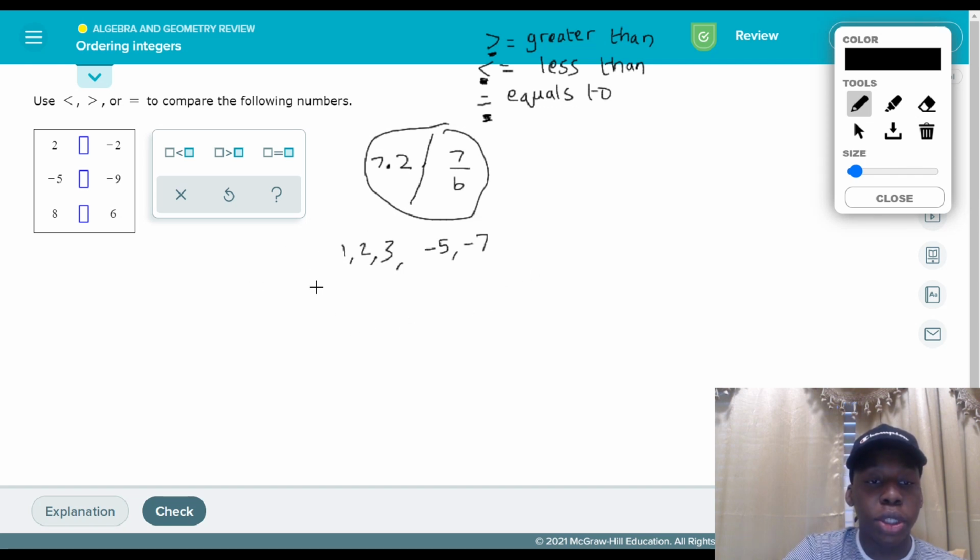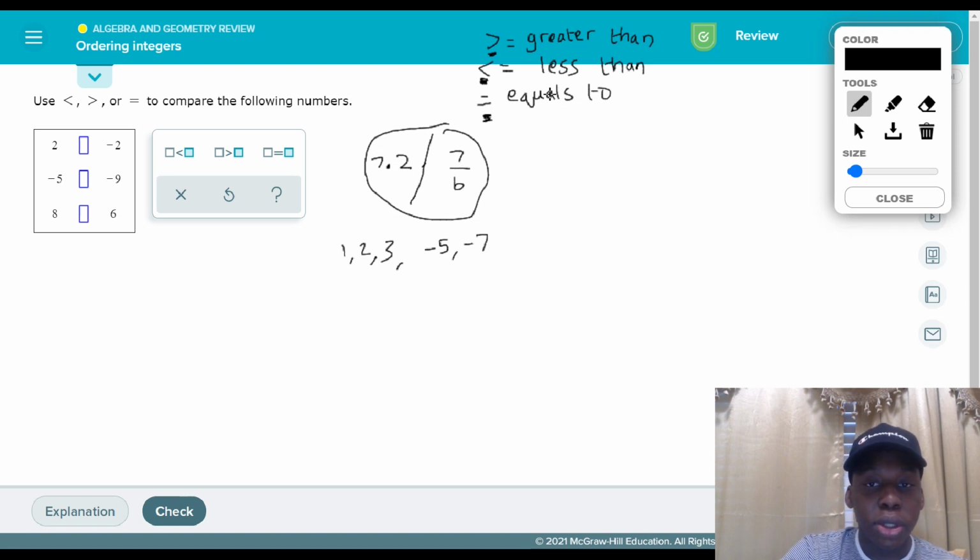Based on observation, we determine if the number is going to be greater than, less than, or equal to. This sign means greater than. This sign means less than, and I'm sure we're all familiar with this one, which means equals to.